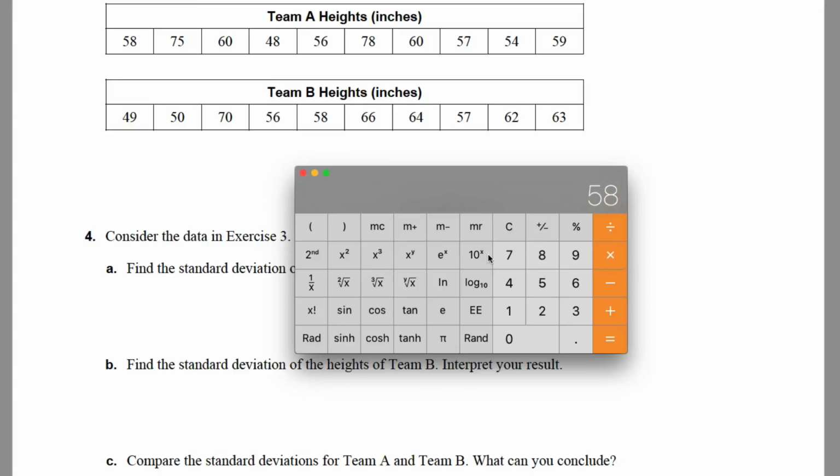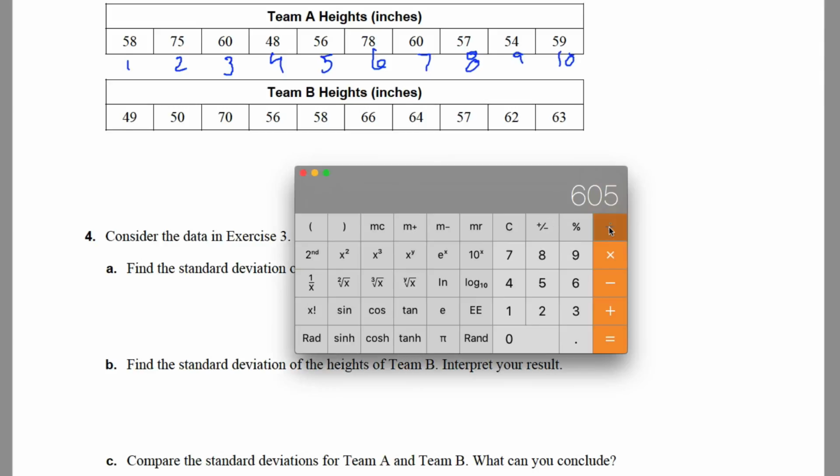So I have 58 plus 75 plus 60 plus 48 plus 56, 78, 60, 57, 54, and 59. And I'm going to divide that by how many numbers we have. We have 1, 2, 3, 4, 5, 6, 7, 8, 9, 10.